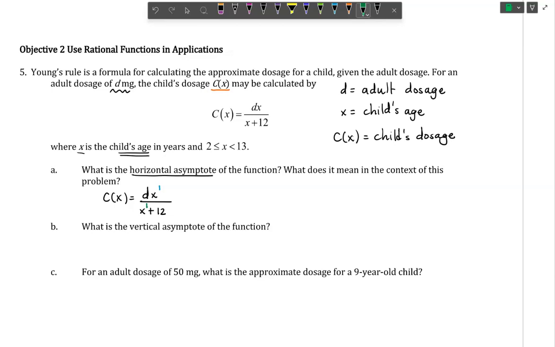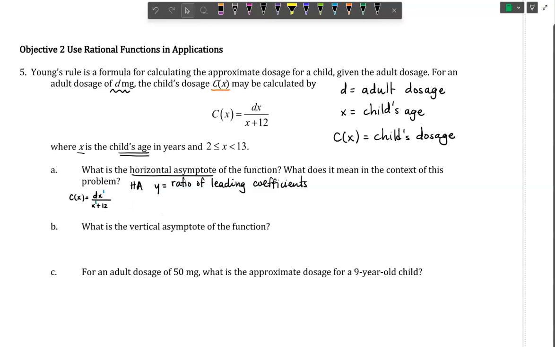So the numerator and the denominator have the same degree, which means that the horizontal asymptote is y is equal to the ratio of the leading coefficients. The leading coefficient in the numerator is D, and the leading coefficient in the denominator is 1. So the horizontal asymptote is simply the line y = D.